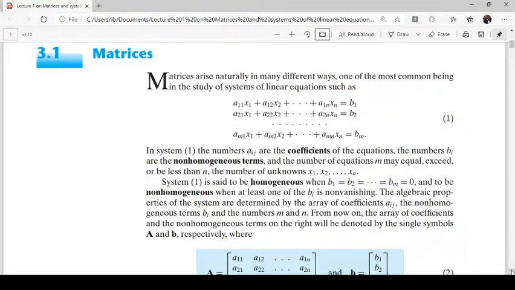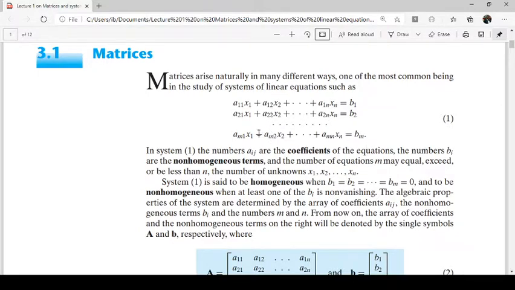There are some words I will just explain. The b here is what we call the homogeneous term, while the aij, you can see a11, a12, are the coefficients of the equation.